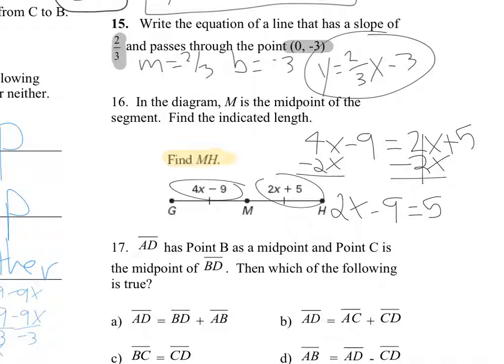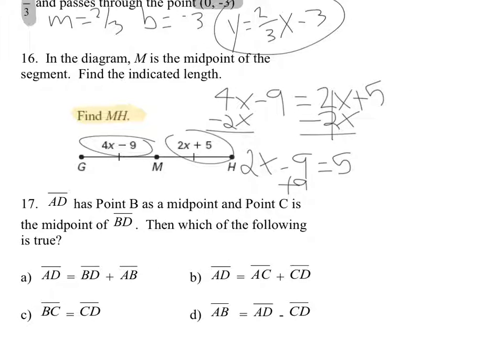Add 9. Add 9. Plus 9. That's going to give me 2x equals 14. Divide by 2. X equals 7.